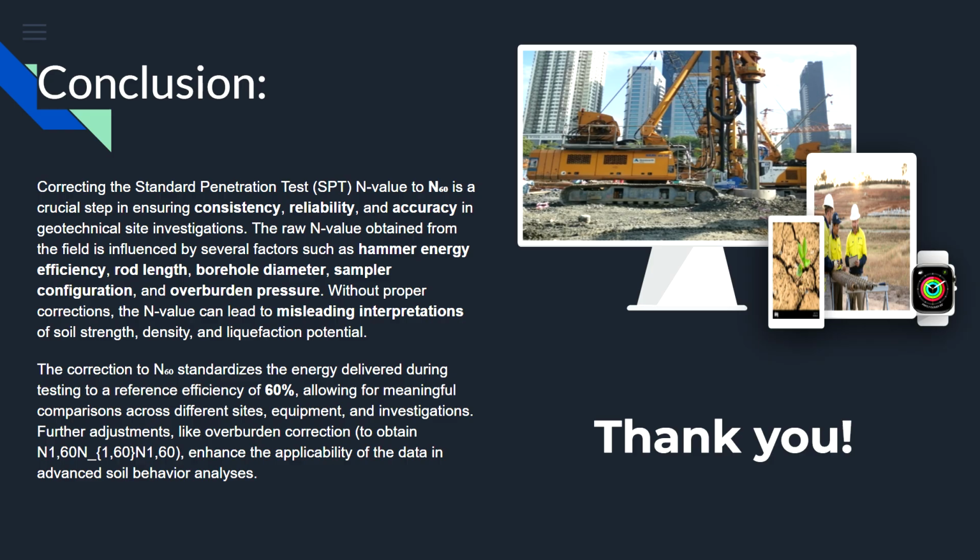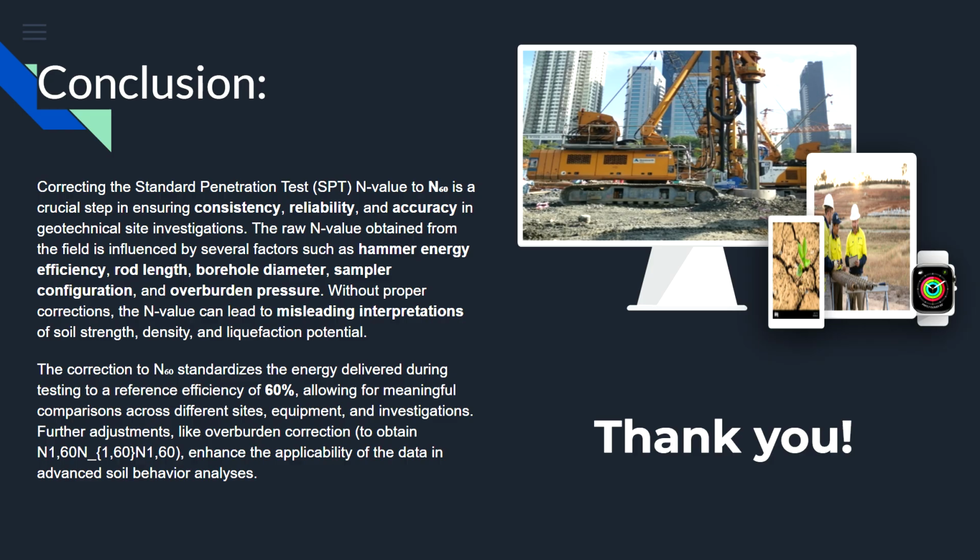So in conclusion, correcting the standard penetration test SPT N value to N60 is a crucial step in ensuring consistency, reliability, and accuracy in geotechnical site investigations. The raw N value obtained from the field is influenced by several factors such as hammer energy efficiency, rod length, borehole diameter, sampler configuration, and overburden pressure.